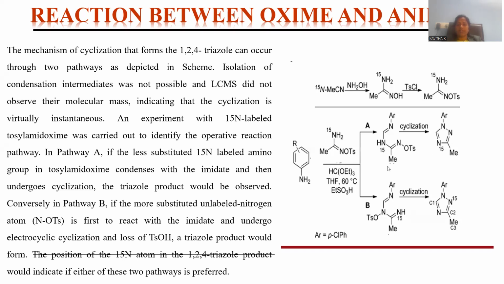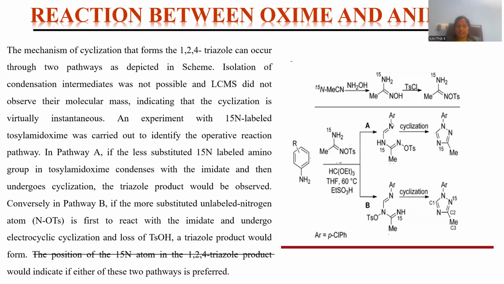And the same compound will go with another way of ring cyclization, where a dimensional change will operate. This nitrogen is taken in the reaction. Initially this labeled nitrogen is directly reacting with this aniline moiety.